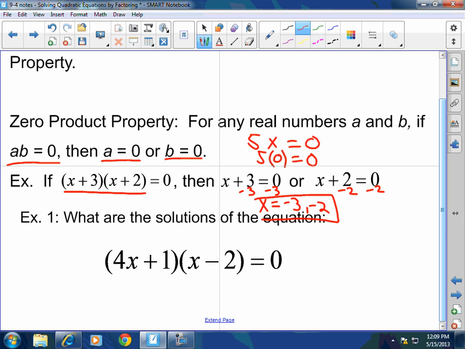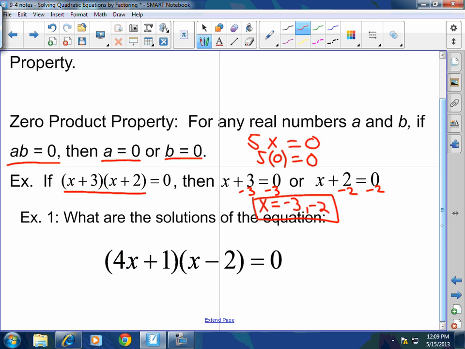It will have 2 different solutions. Does that make sense? So what I'm going to practice with you now is not the real part of this. This is just a part of the zero product property that I want you to practice before we start factoring. They're rarely going to be this easy.